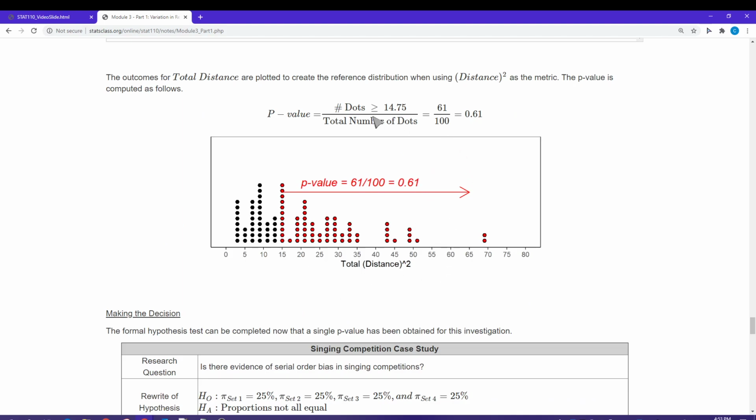So to compute my p-value, I just need to compute how many dots were bigger than or equal to that 14.75. Looks like I put 100 dots here. So the value of 14.75 is not very extreme at all. It's well within the realm of the reference distribution. The calculated p-value for this example would be 61 out of 100, or 0.61.